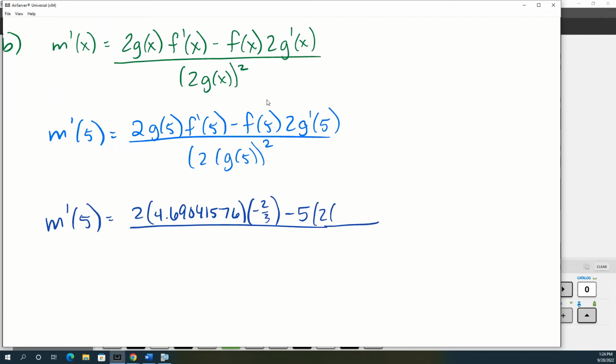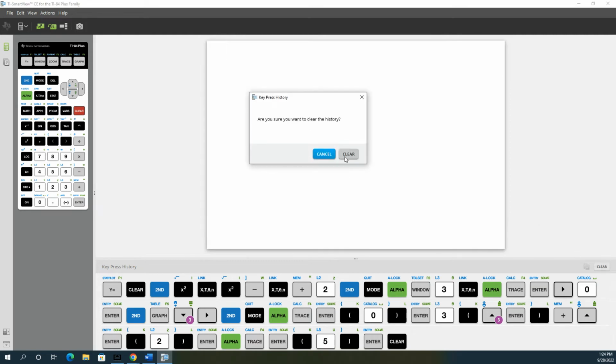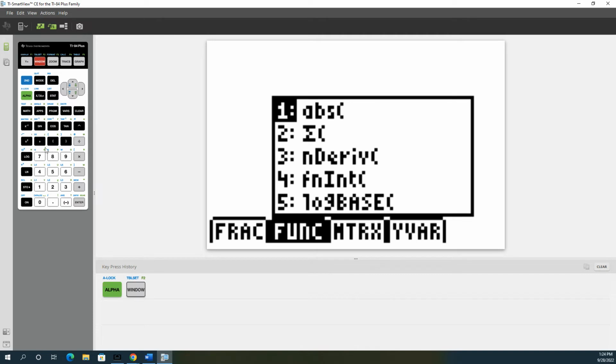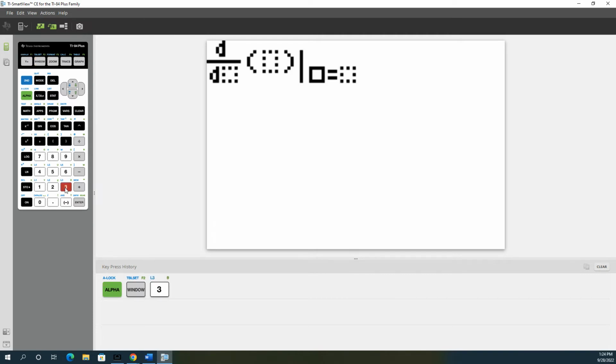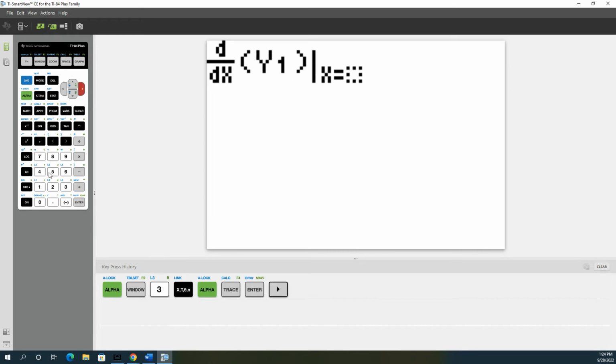All right, and then g prime of 5, we're going to need our calculator to do that. I'm going to clear out some of this because it's a lot. Okay, so alpha window derivative number 3, and then our variable is x. Our function is in y1, and this time we want it when x is 5.